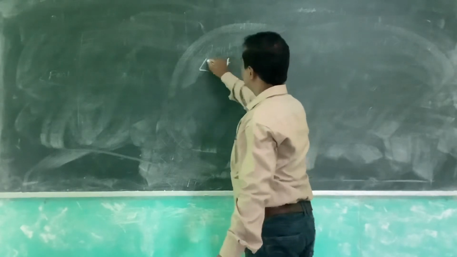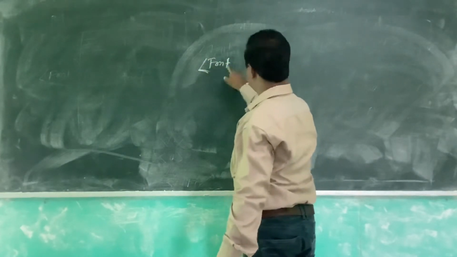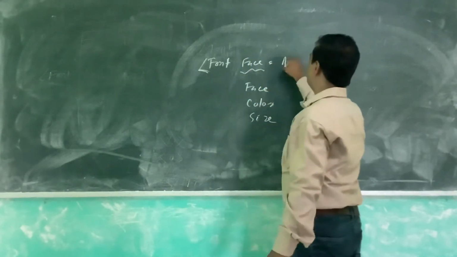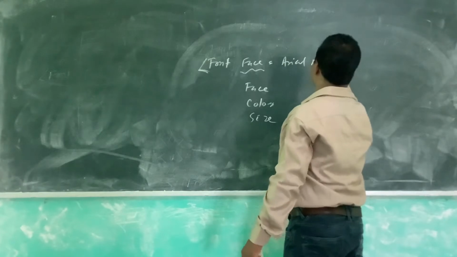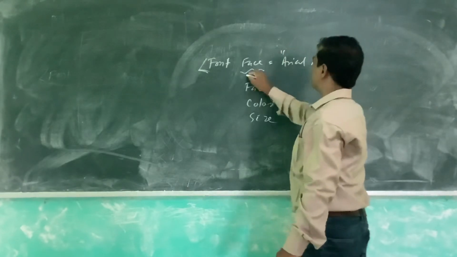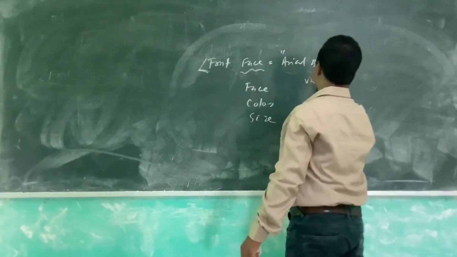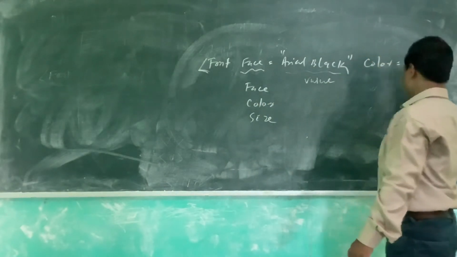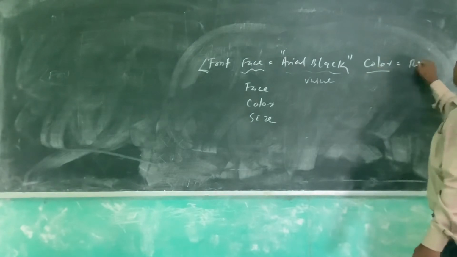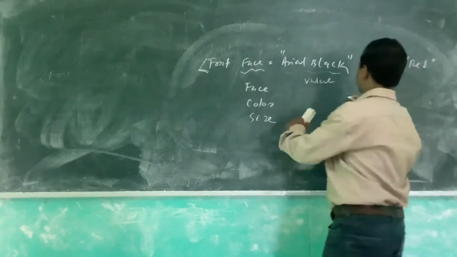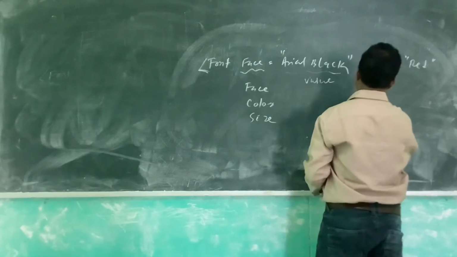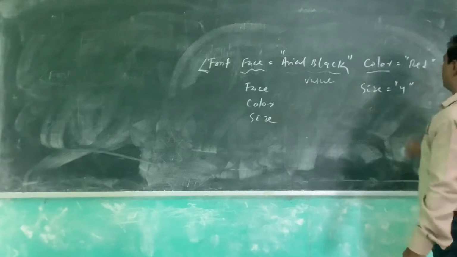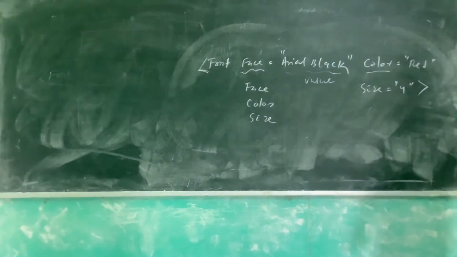Type angle bracket, then font, then type face equal to its value in quotation marks. This is the attribute and this is its value. Next give color, another attribute, its value, then type size, then give its value. Then close the font tag.